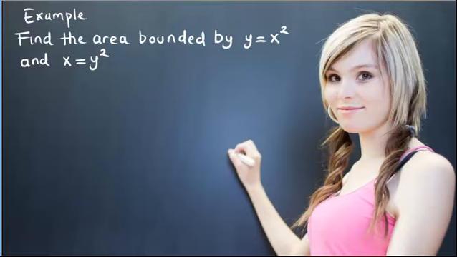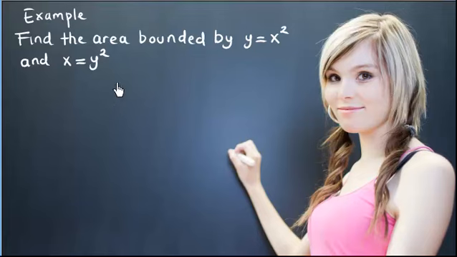Okay, let's look at the following example. Suppose we are interested in finding the area which is bounded by two graphs. The graph of y equals x squared and the graph of x equals y squared.